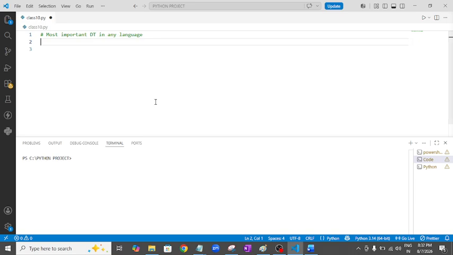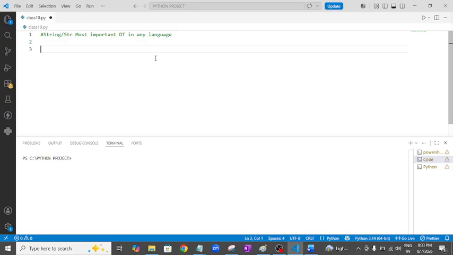If I say string, or str, this is the most important data type throughout any programming language. If you are learning any programming language, it is the most important.